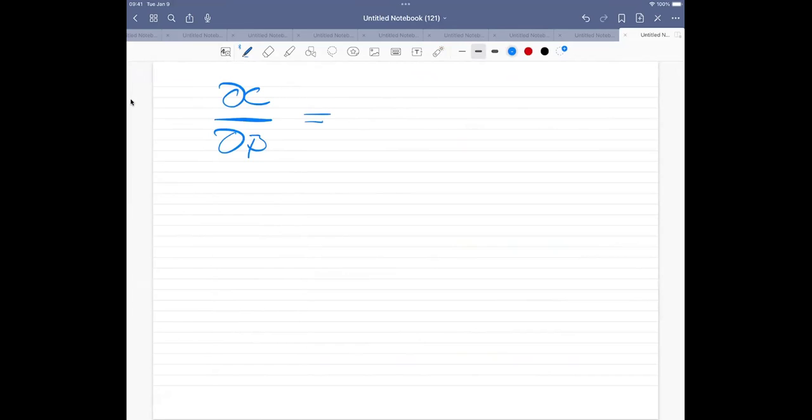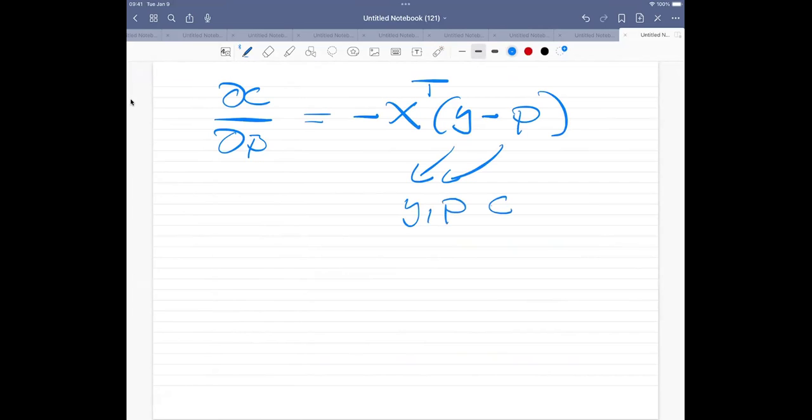So what we are going to get then is a quantity dC/dβ, which is going to be given by minus X transposed times (y minus p). So y and p are two vectors, and they have a length of n. And if we go back to the design matrix, we know that this quantity has dimensionality n times p.